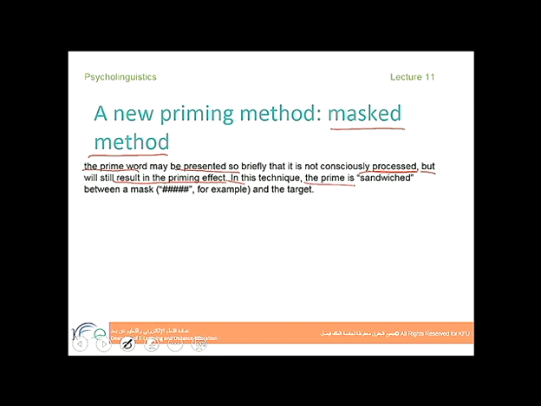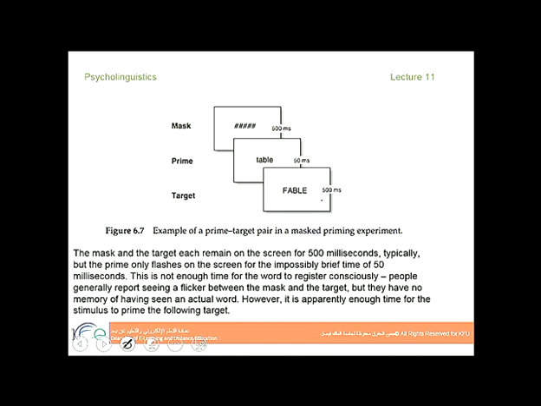The prime is sandwiched between a mask and the target. What does that mean? First of all, we show the mask, which can be, for example, this hash sign. We show this for 500 milliseconds, half a second. We show this mask.